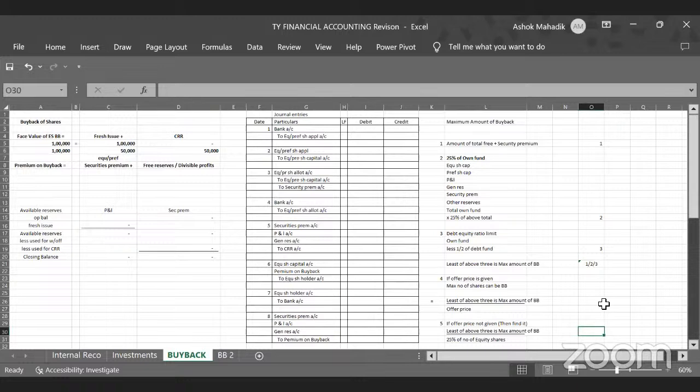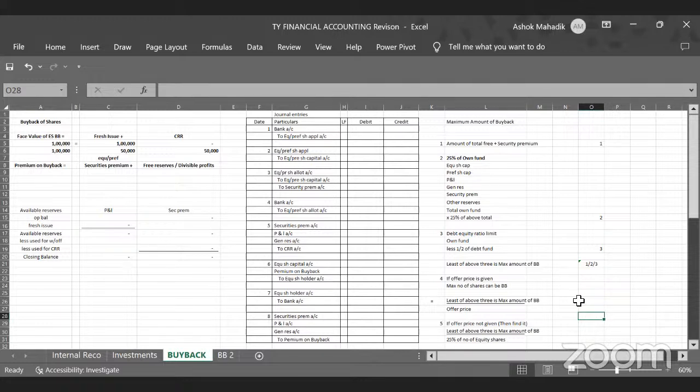So don't worry. This way you first do the calculation and find out the number of shares to be bought back. Why do we need the offer price? Suppose the face value of your share is 10 and the offer price is 30, then there is a premium of 20 rupees, premium on buyback. We have to make equations based on that.